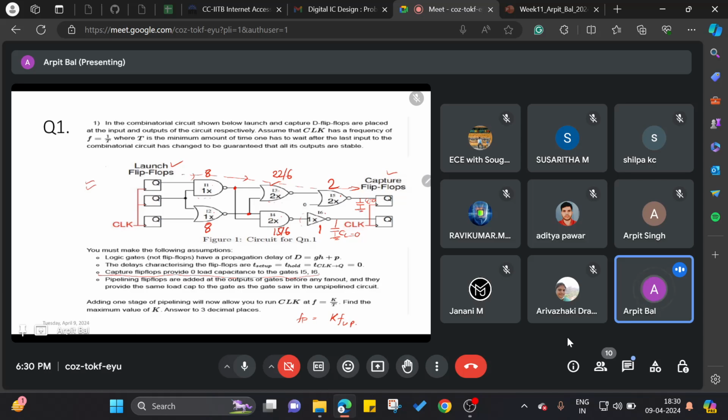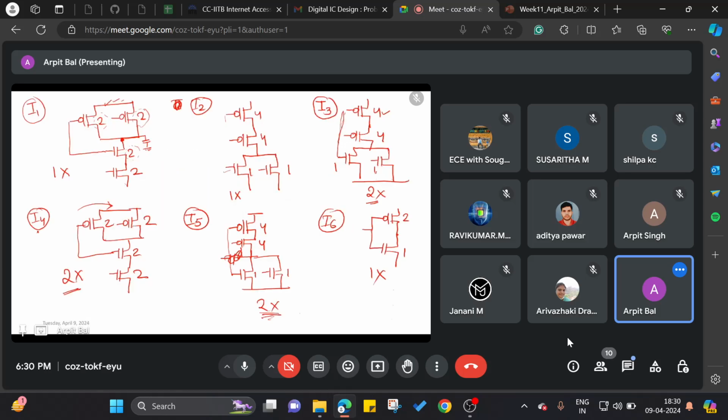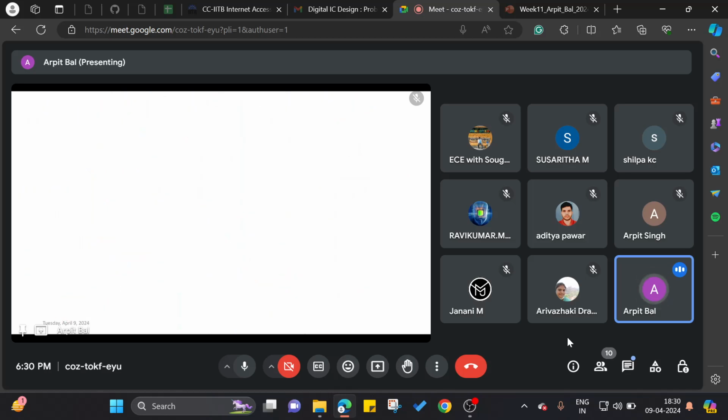Fine. So it means my frequency is going to be, let me not call it directly frequency, let me call it unpipelined frequency. That is FUP, over the critical path delay.